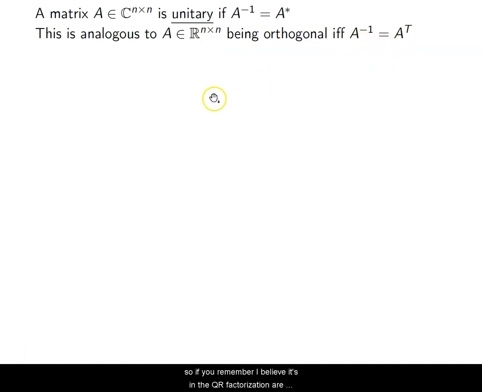If you remember, I believe it's in the QR factorizations, our Q matrices that were orthonormal, we had the property that A transpose was the exact same thing as A inverse. Okay, so now our unitary matrices have these same sort of properties, but in the complex space. So the things that we're able to do, those QR factorizations and SVDs, for example, we can start to do in the complex world with these unitary matrices.